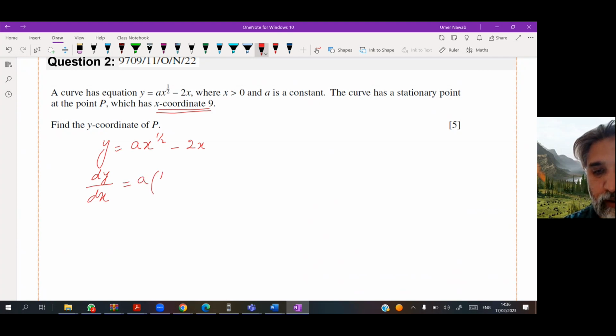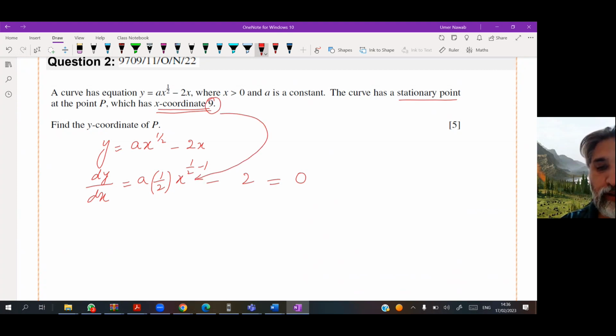A as it is, half goes back, half minus 1, and the derivative of minus 2x is minus 2. As per the rule, for the stationary point, we need to put dy by dx equal to 0, and he gave you the x coordinate 9.